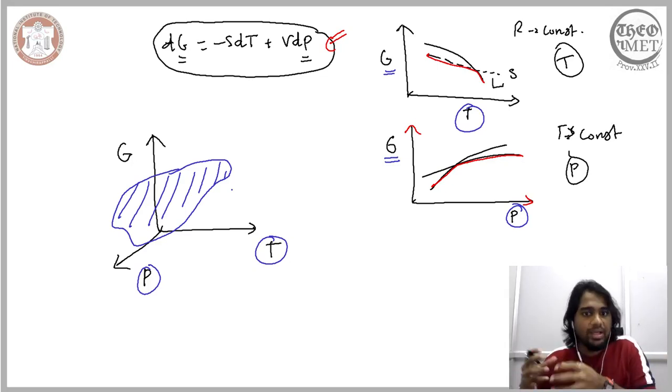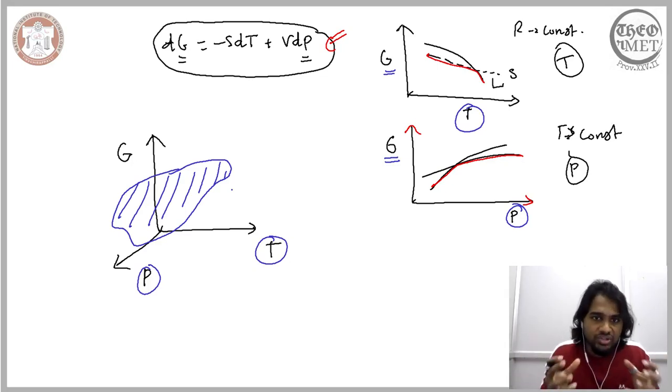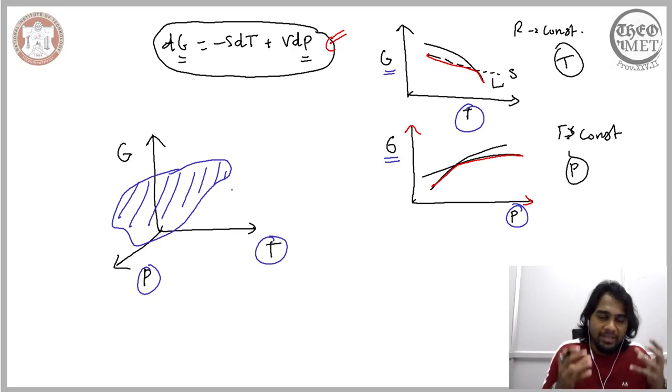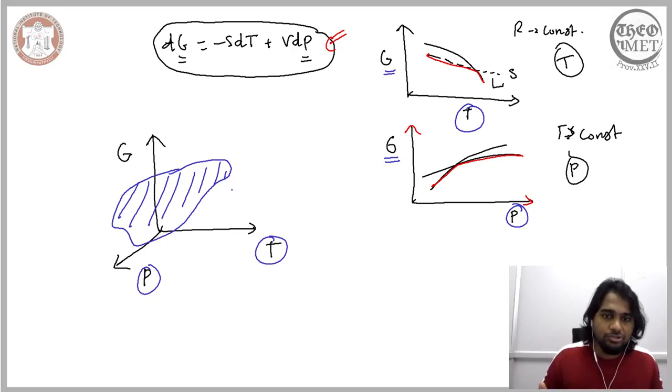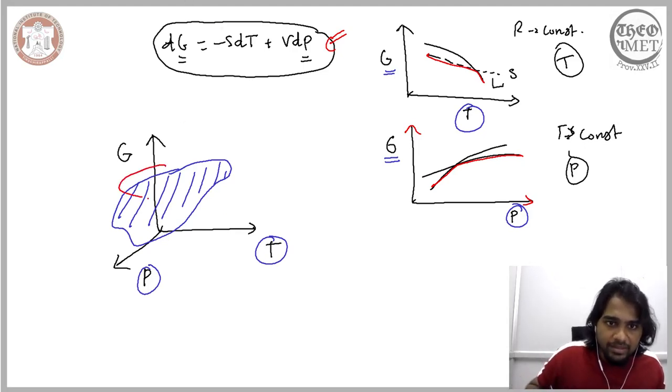For liquid, you would have another surface that illustrates how the Gibbs free energy would be influenced by the combination of temperature and pressure. Now, if we consider this blue surface to be solid, a red surface can be assumed to represent the change in the Gibbs free energy with respect to the combination of temperature and pressure.